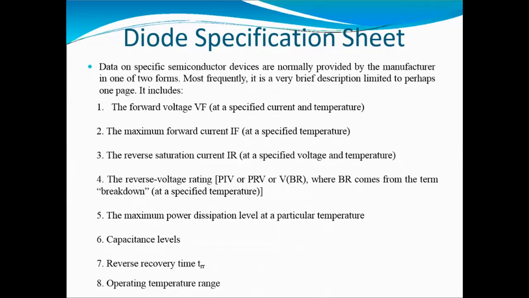It includes the forward voltage VF at a specified current and temperature, the maximum forward current IF at a specified temperature, the reverse saturation current IR at a specified voltage and temperature, and the reverse voltage rating PIV or PRV, or VBR, where BR comes from the term breakdown, at a specified temperature.